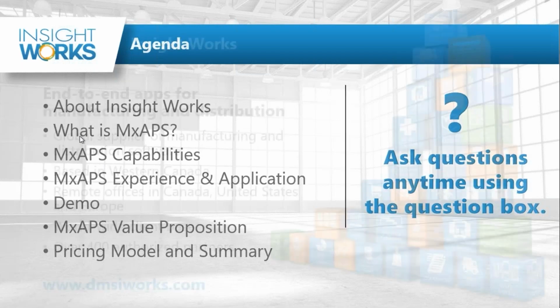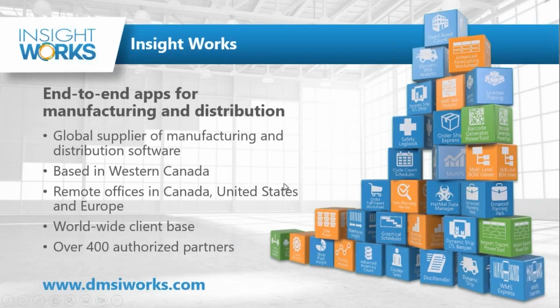All right, so let's start with who we are. So Insideworks, we've been around for over a decade now, and we work primarily in manufacturing and warehousing, the manufacturing distribution area. And so we've got a lot of solutions in those various industries. We're based out here in Western Canada, but we do work globally. We've got thousands of customers globally.